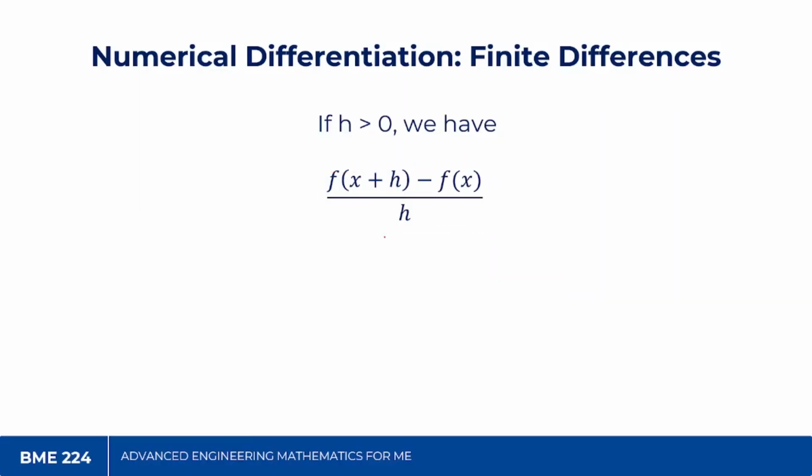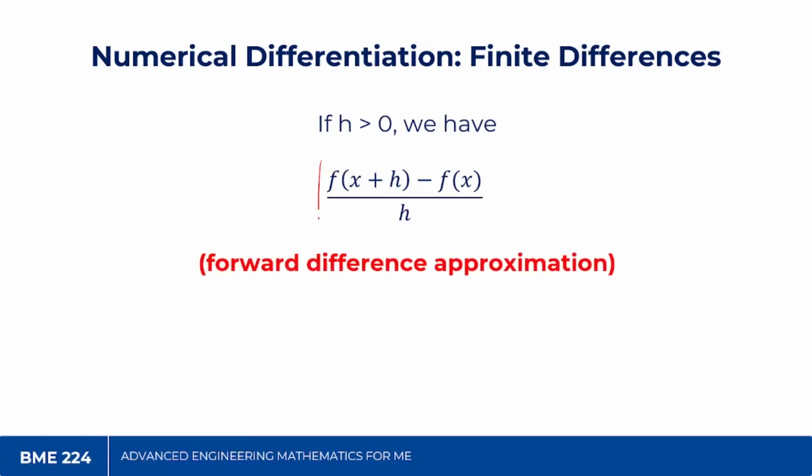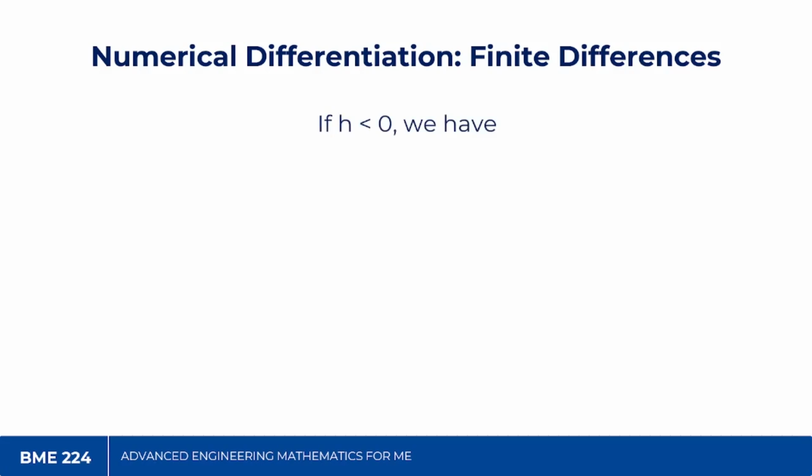Now, this is called the forward difference approximation. So this will be our formula for the first derivative, or the numerical derivation of our function given a step size. This is easy, class. The difficult part here is only the introductory part. And then, if our h is less than 0, we also have this formula.